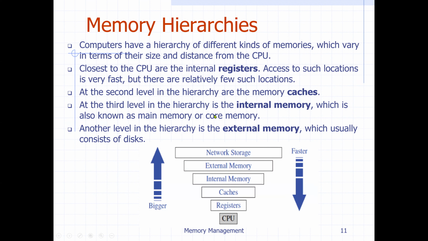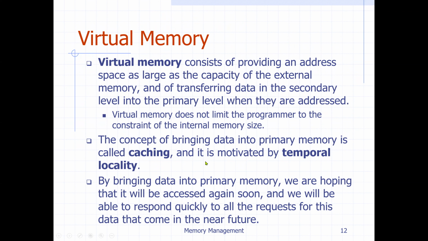Then the third level will be the internal memory, which is also known as the main memory or the core memory. Then we may have the hierarchy at the external memory, which usually consists of disk. So we can see the bigger goes up. Registers is the smallest, network storage is the biggest. The fastest, again, is the registers, and the slowest will be the network storage.